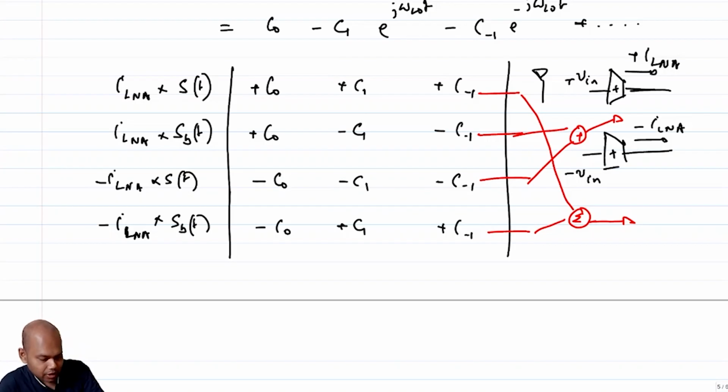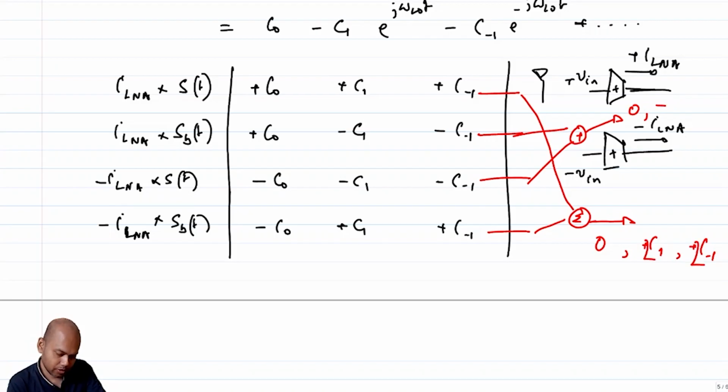Okay, if I do this, then this will have no C0. I'm going to have plus C1 and I'm going to have plus C minus 1. Here I'm going to have no C0. I'm going to have minus, or rather it's plus 2C1, 2C minus 1, minus 2C1, minus 2C minus 1.